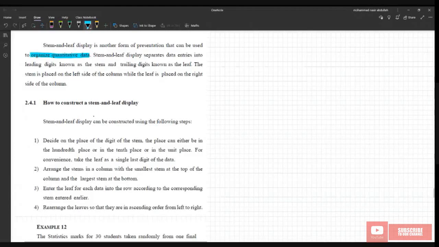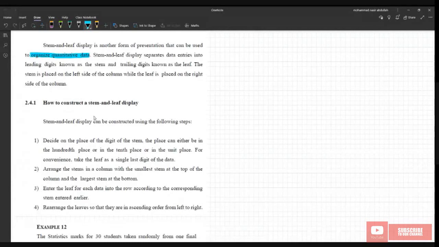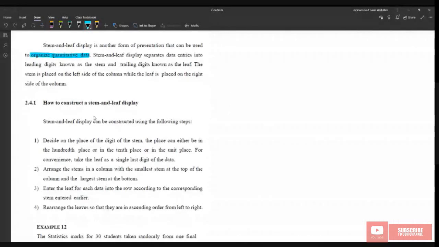The objective of drawing histogram and stem and leaf is we want to see the shape of the distribution, whether the distribution is normally distributed, skewed to the right or skewed to the left, right? So stem and leaf display separates data entries into leading digit known as stem and trailing digit known as leaf, right?